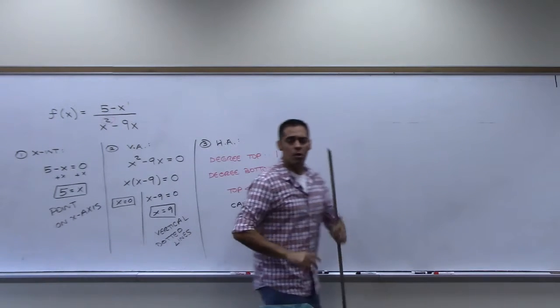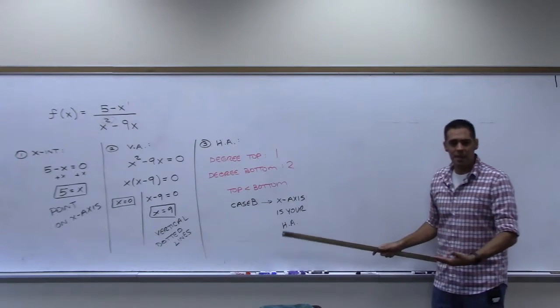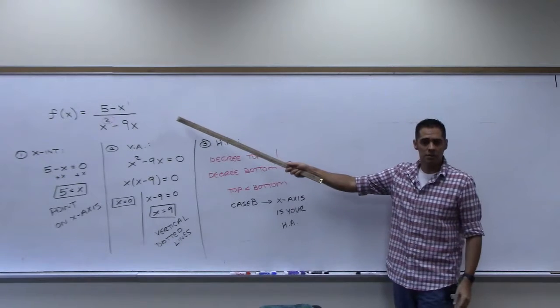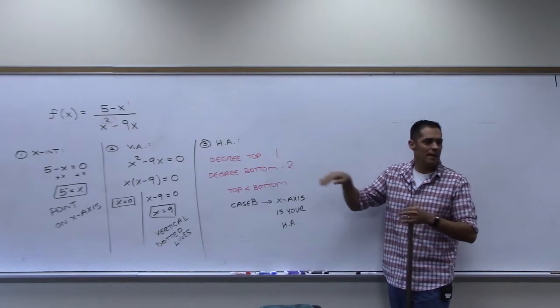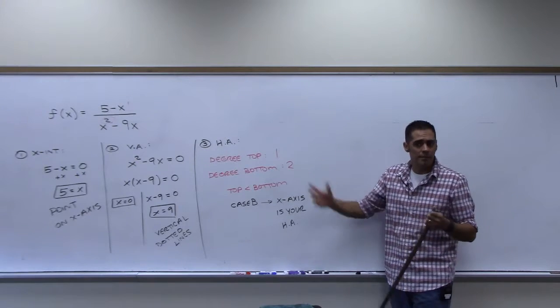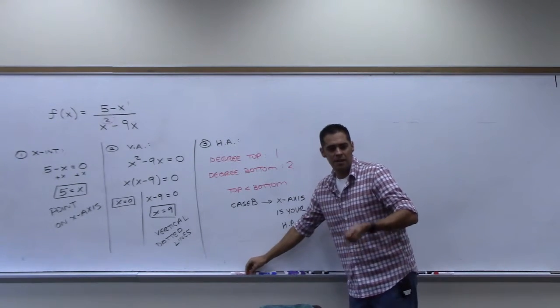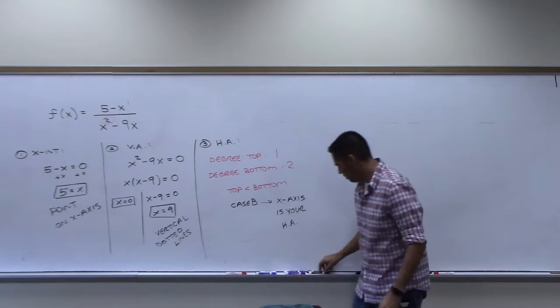The horizontal asymptote is the same thing. It tells you about the end behavior of this rational function, except that instead of going up or down, it's flattening out, right? Unless we get case C. In case C, it doesn't flatten out. But that's the next example I'm going to do.